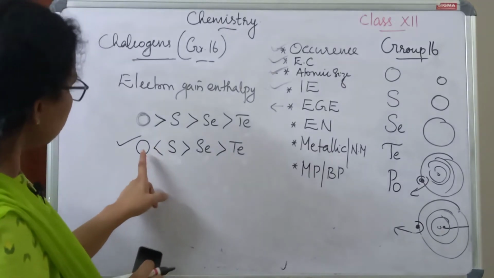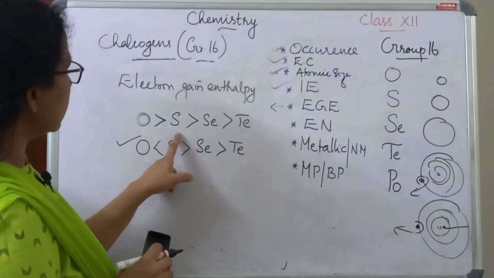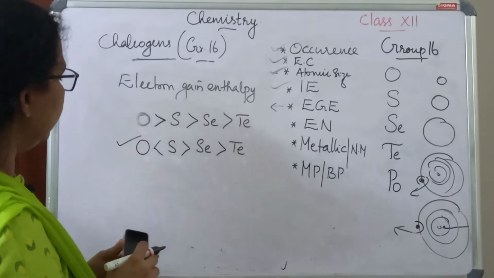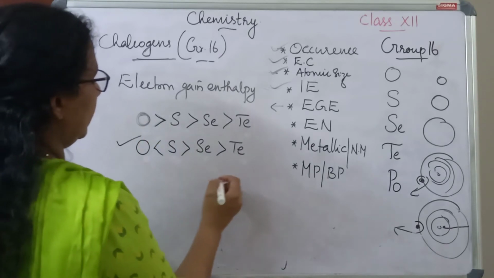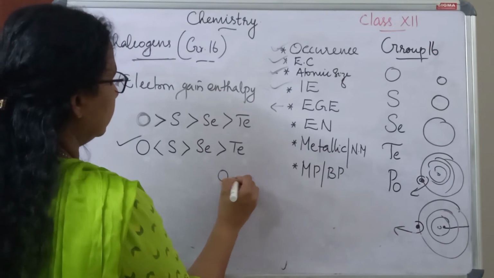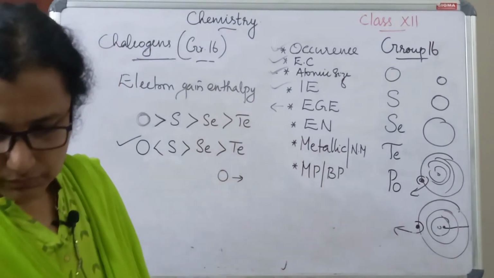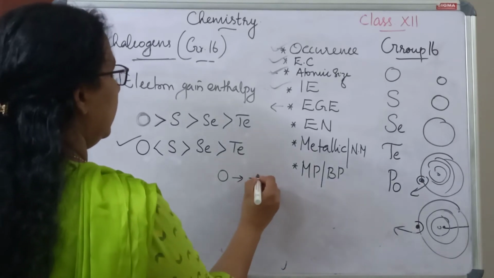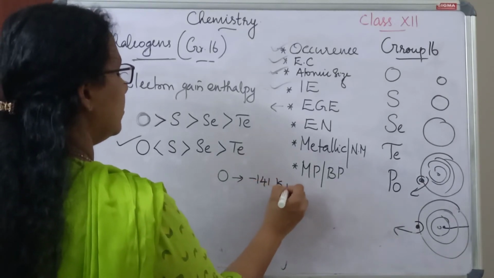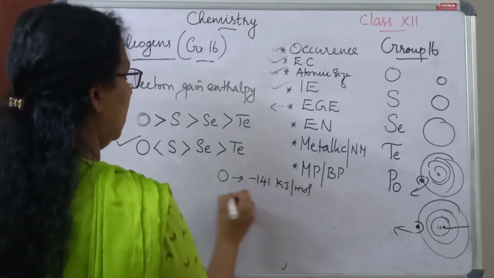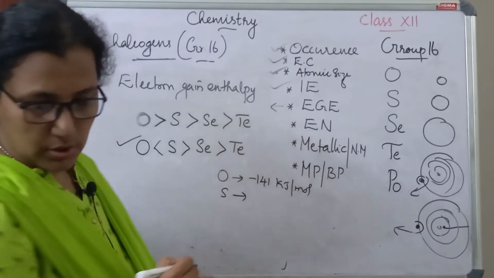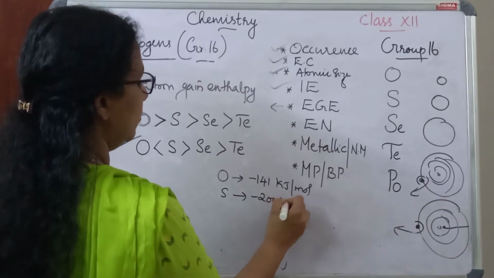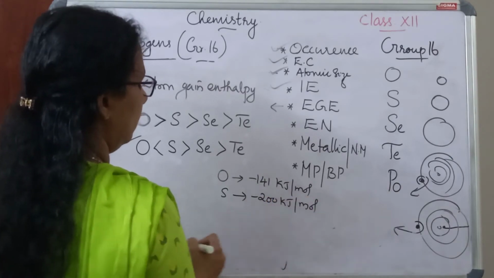But if you compare oxygen and sulfur, there is a difference: oxygen has minus 141 kilojoule per mole and sulfur has minus 200 kilojoule per mole.